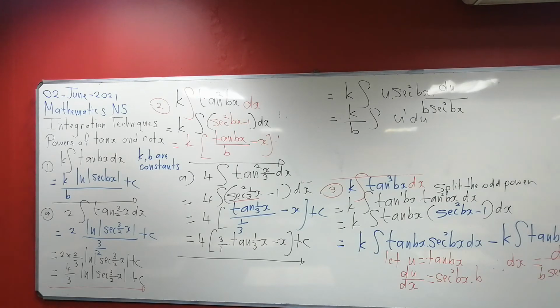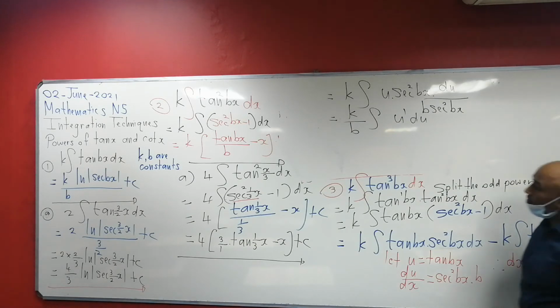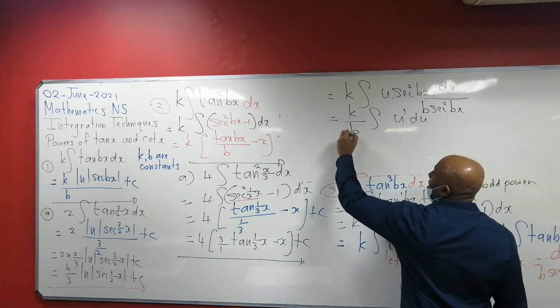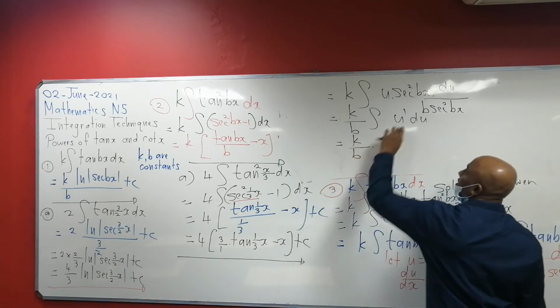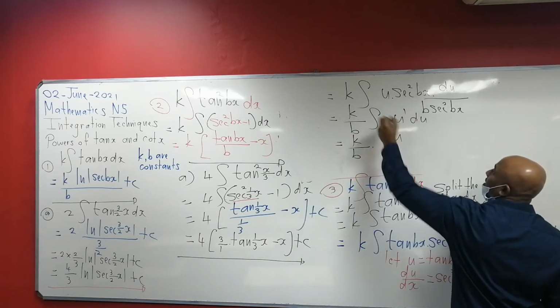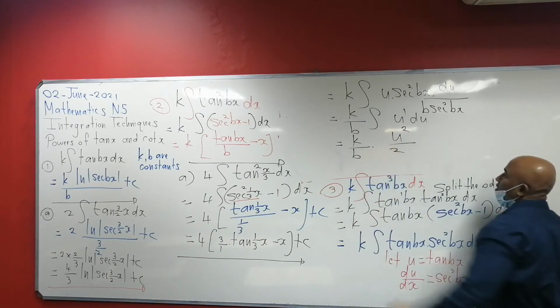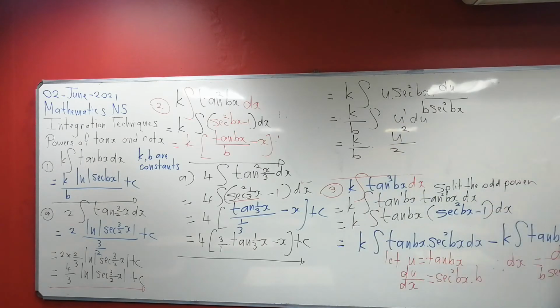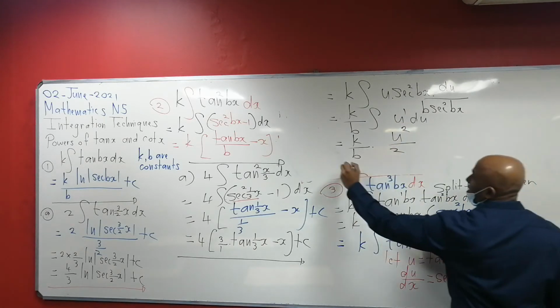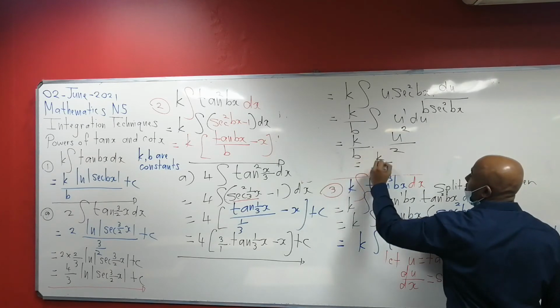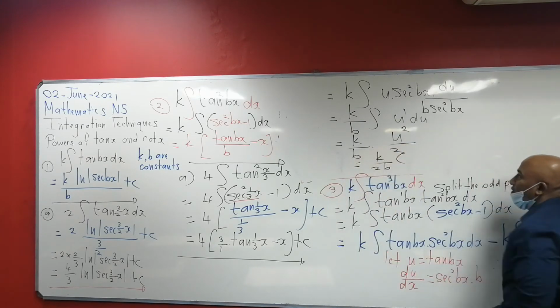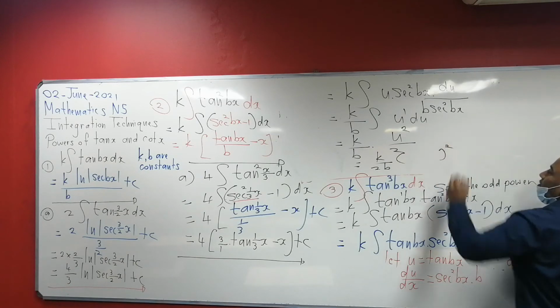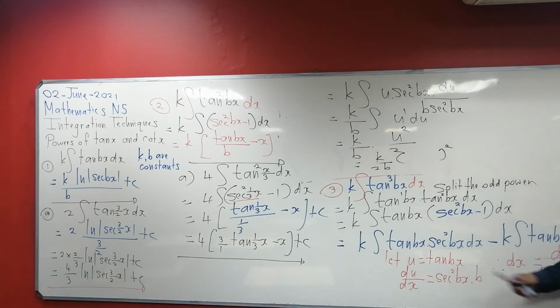Now I can integrate with respect to u. So this will be k over b, and u to the power 1 plus 1 will be 2 over 2. All we have to do is substitute back. So this is going to be k over 2b. And what was u? My u, there's my u here.